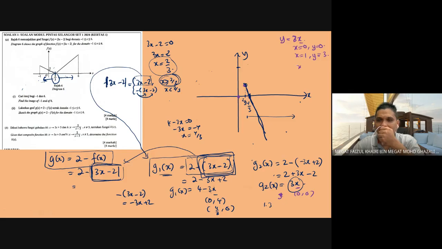So when x equals 2 over 3, 3 times 2 over 3 equals 2, y equals 2. Okay, what is the coordinate of this? This is y equals 2.